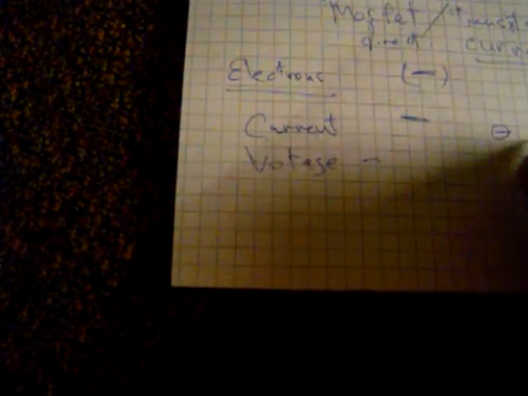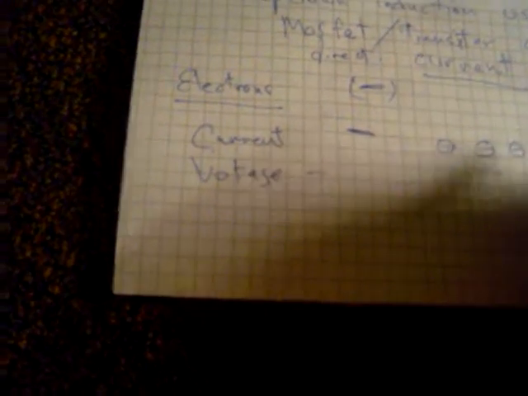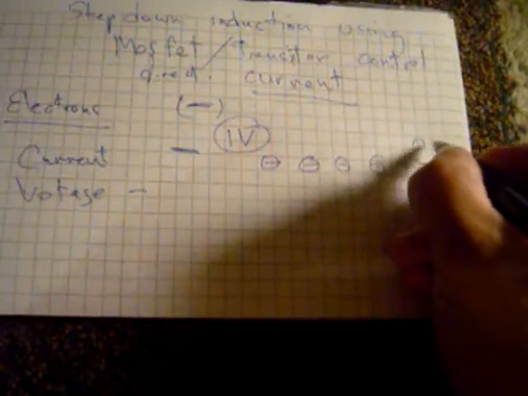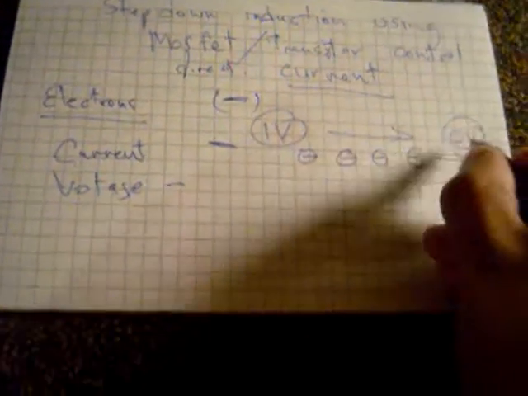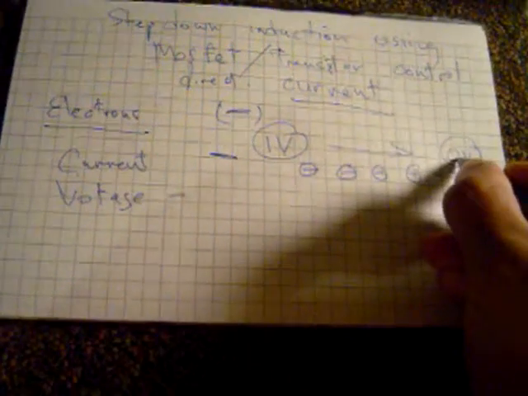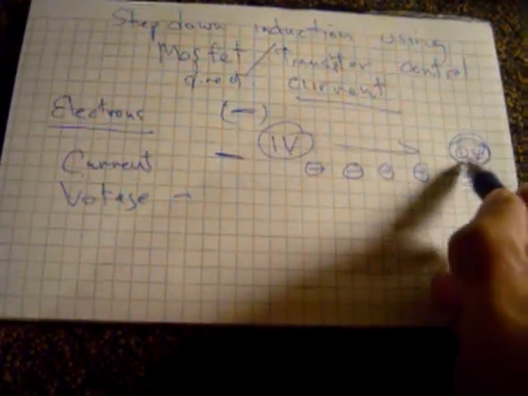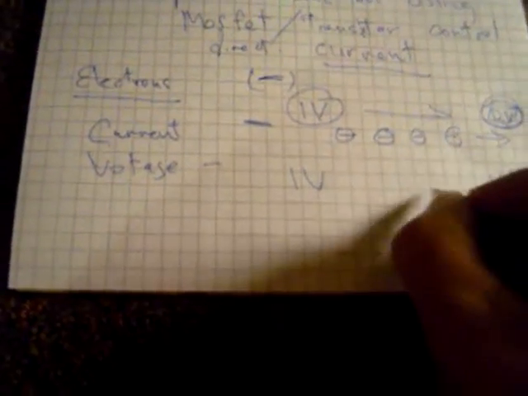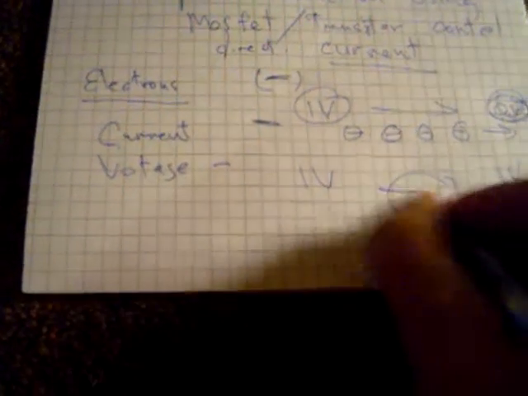Electrons flow when there is a drop in the electricity. So let's say you have 1 volt here and you have 0 volts here. Electrons will flow from 1 to 0 because 0 is the lower number. You have a drop in voltage here. If you have 1 volt here and 1 volt here, you do not have a flow of current.